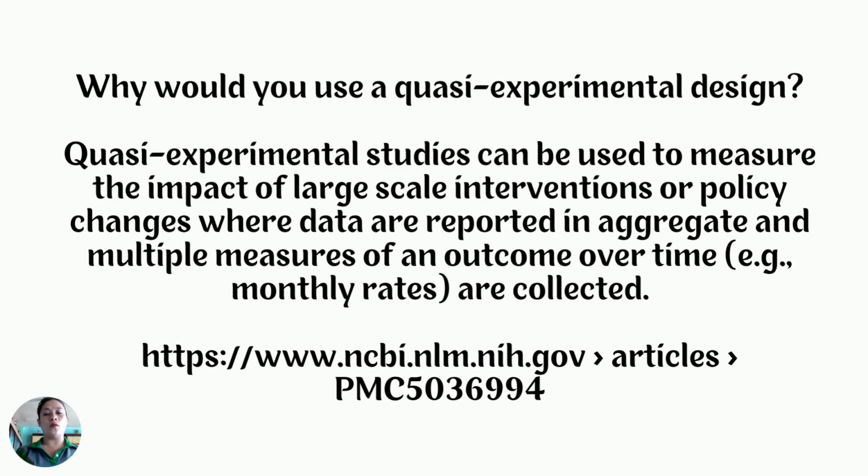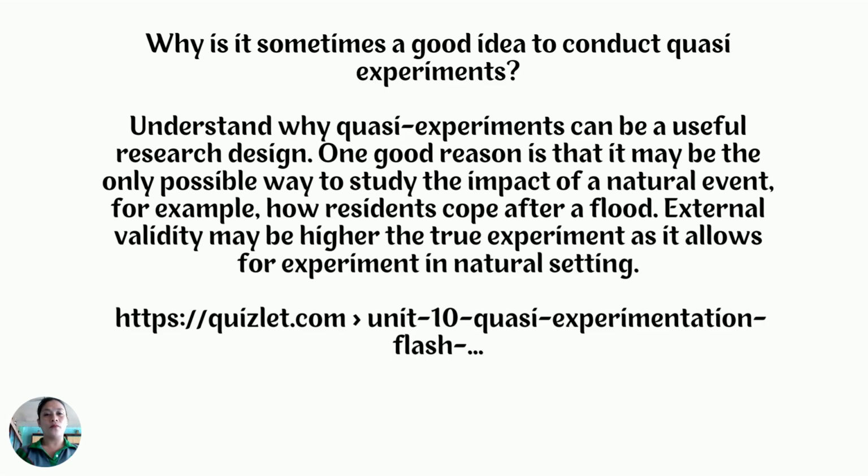Why would you use a quasi-experimental design? Quasi-experimental studies can be used to measure the impact of large-scale interventions or policy changes where data are reported in aggregate and multiple measures of an outcome over time. An example is monthly rates are collected. Why is it sometimes a good idea to conduct quasi-experiments?